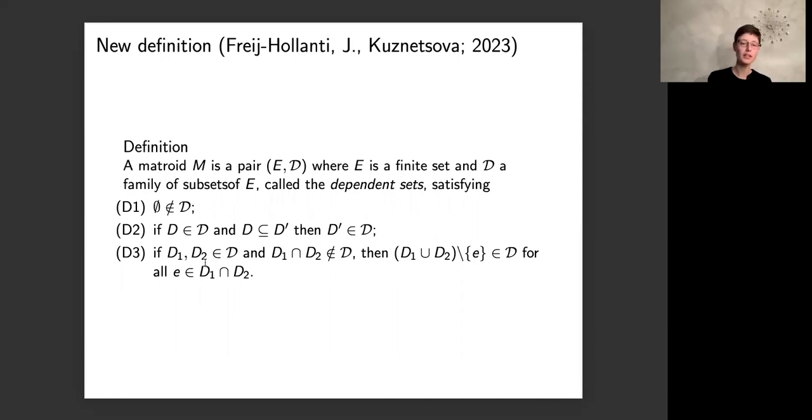And also if we find two dependent sets somewhere in our necessarily dependent family and their intersection is not there, then what do we do? Well, we take their union and we throw out something in the intersection, and everything that we can make in that way also will be dependent.